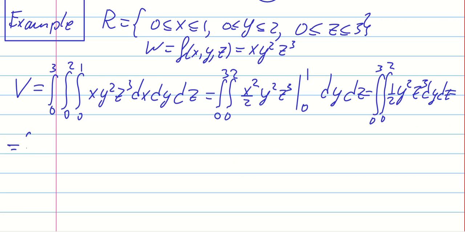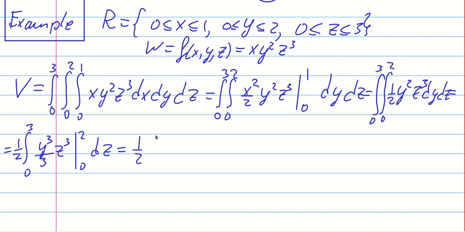So now we only have one integral left from 0 to 3, and the antiderivative of y squared will be y cubed over 3, and we can take 1/2 and put it outside. So we'll have y cubed over 3, then we'll have z cubed evaluated from 0 to 2, dz.